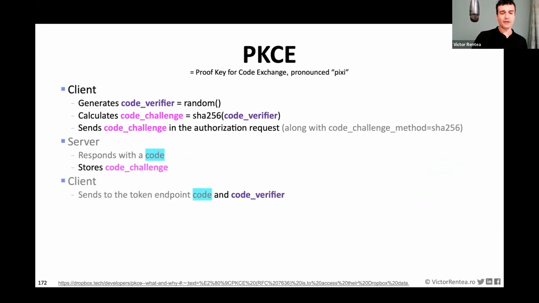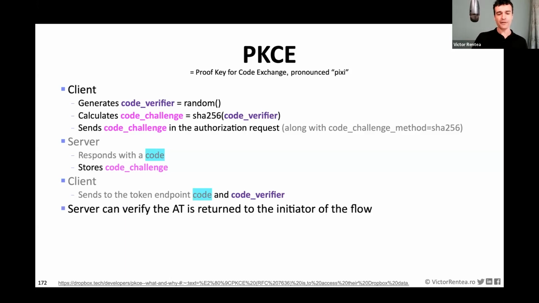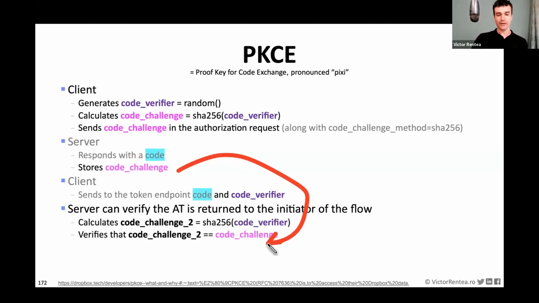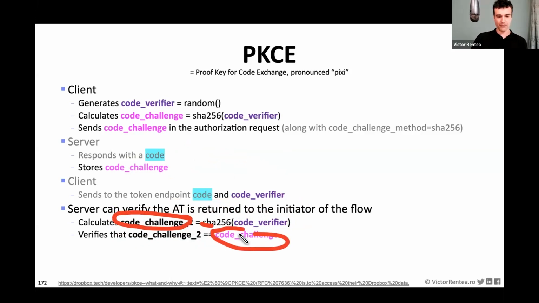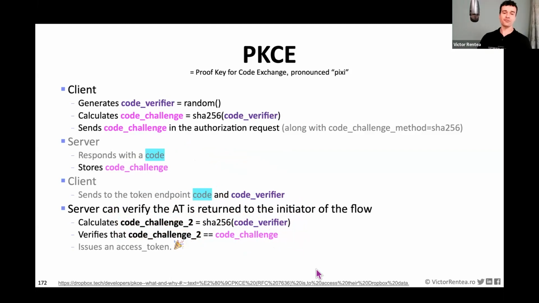The client takes the code and ships it in the back channel with the code verifier, and the server takes the challenge it remembers from before, takes the code verifier it just received via the back channel, hashes it, and sees whether this code challenge matches the code challenge that it remembered from before. If they do, it means that the server talks to the same client. We are talking about the same initiator, the same code exchange interaction.